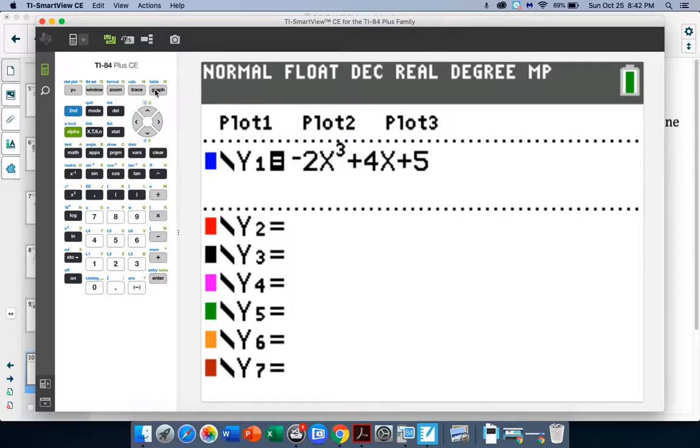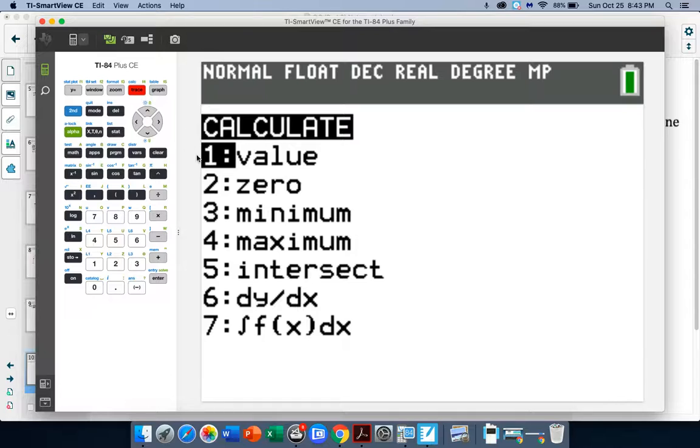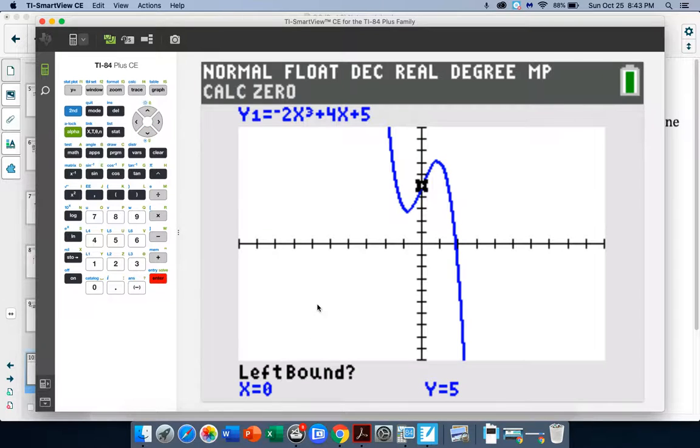And if we go to the graph, we can see that the graph does in fact cross the x-axis somewhere between 1 and 2. Now, to find out exactly where that is, I'm going to press the second button and trace. I'm going for this calc menu. So second, trace, and then I want to find a 0. So I'm going to choose the second option here, and it's going to ask me a couple of questions. It's going to ask me to choose a point to the left of that 0.